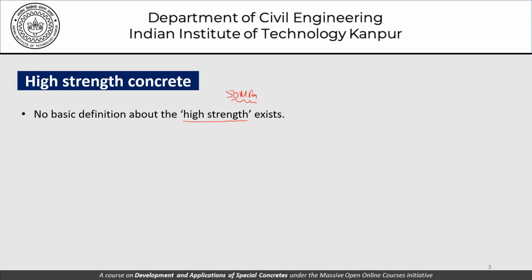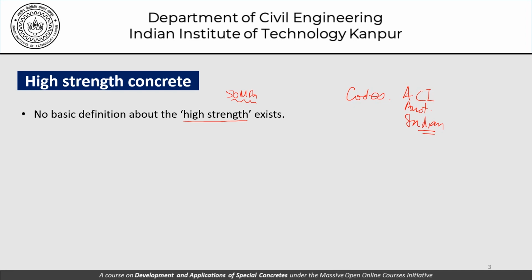No such definition exists. I'd encourage you to read the different codes in the world. For example, you could look at ACI, the Australian document, and the Indian documents, and you will find that there is no standard definition of high strength concrete.